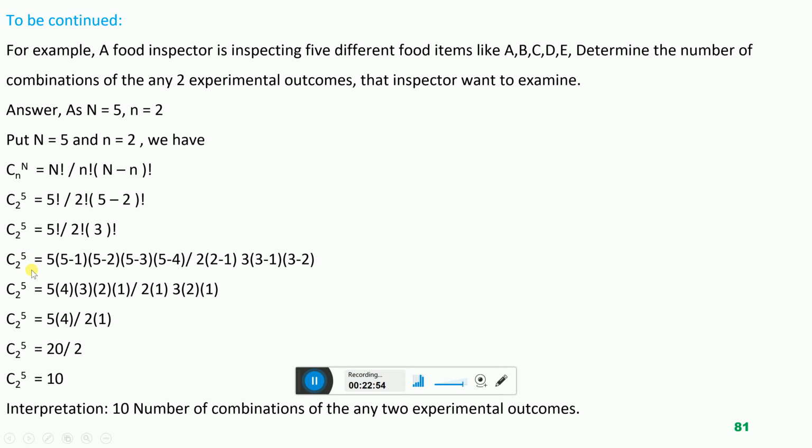Now for C 5 2, we expand 5 factorial as 5 multiplied by 5 minus 1, multiplied by 5 minus 2, multiplied by 5 minus 3, multiplied by 5 minus 4, whole divided by 2 factorial, 2 multiplied by 2 minus 1, and the 3 factorial, 3 multiplied by 3 minus 1 and 3 minus 2.